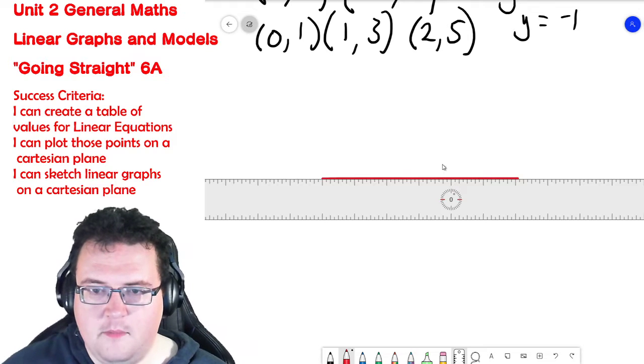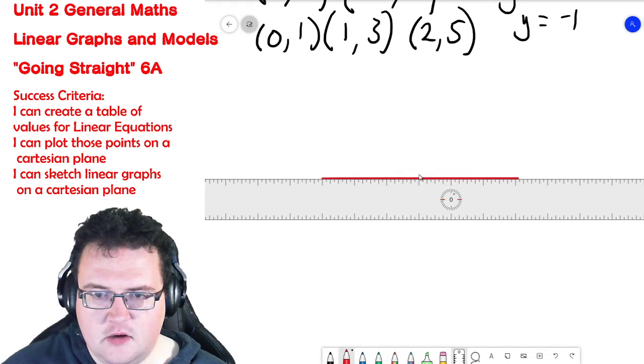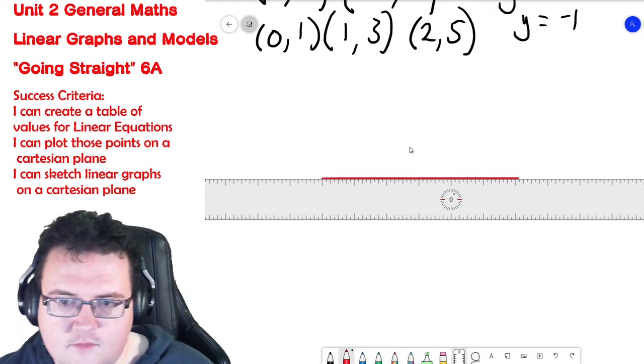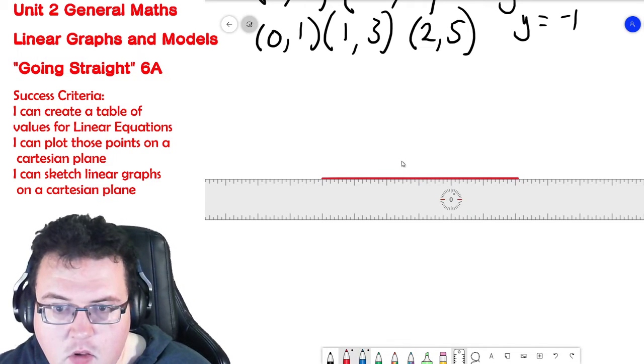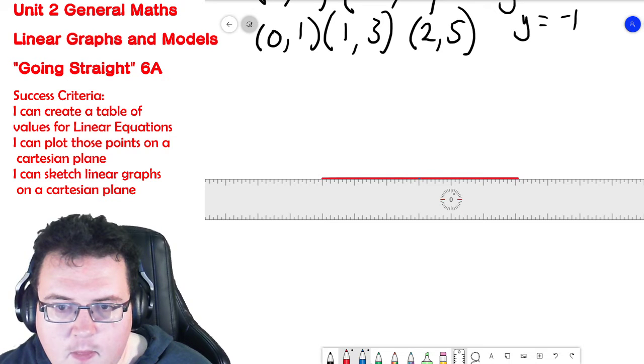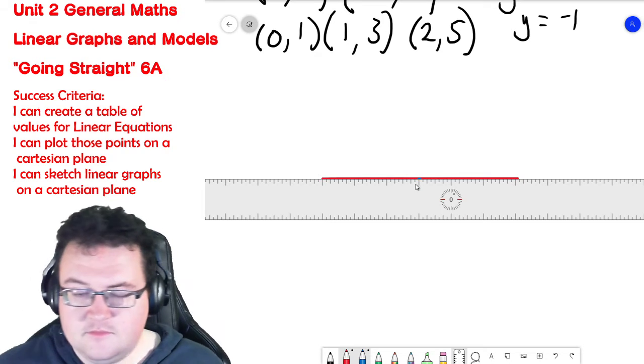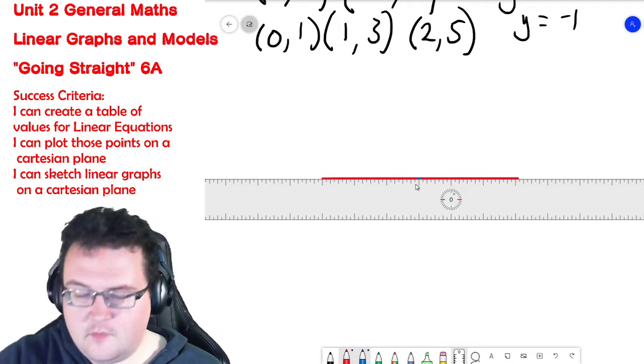All right, so I'm drawing my axes. I'm going to mark it out. That's going to be my 0.